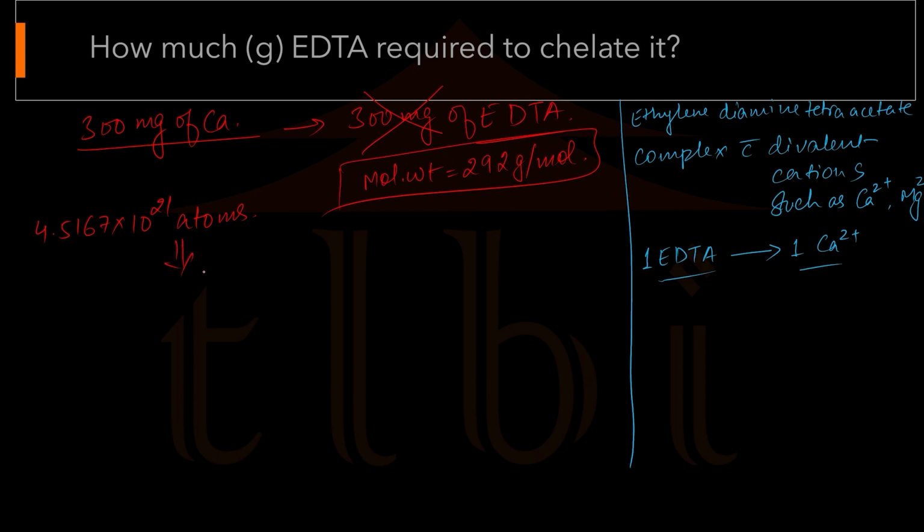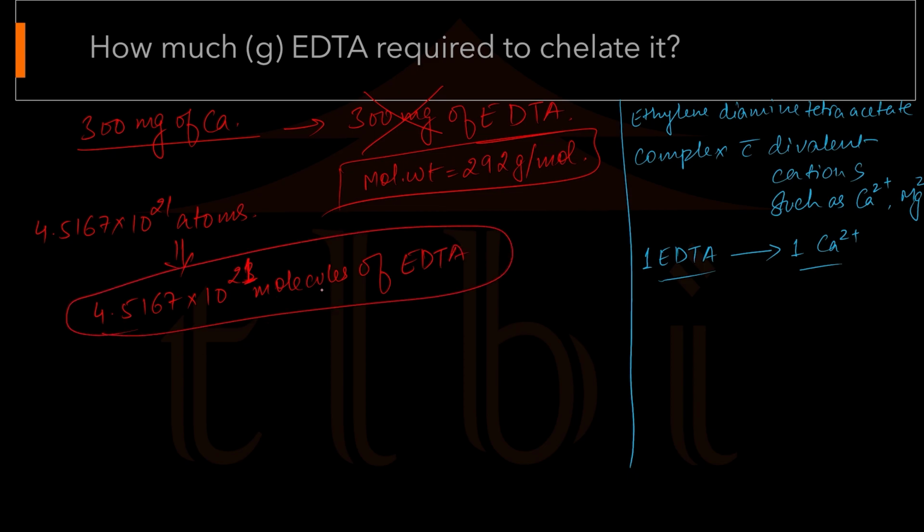That means it will require an equal number of molecules of EDTA, right? So we can simply find out how much that many molecules of EDTA will weigh, right? So how do we do that? So we know that 6.022 into 10 to the power 23, that is 1 mole of EDTA, will weigh 292 grams.